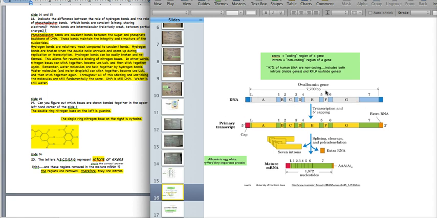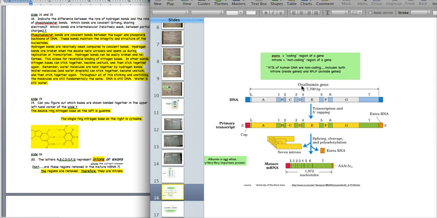Altogether, this gene has 7,700 base pairs. It's double-stranded DNA. And this is a gene that makes the albumin that shows up in an egg.